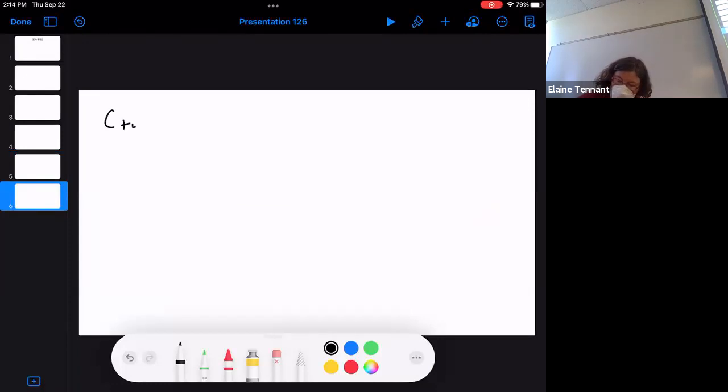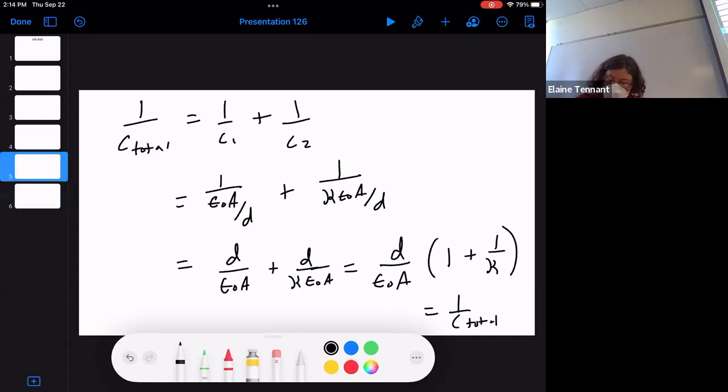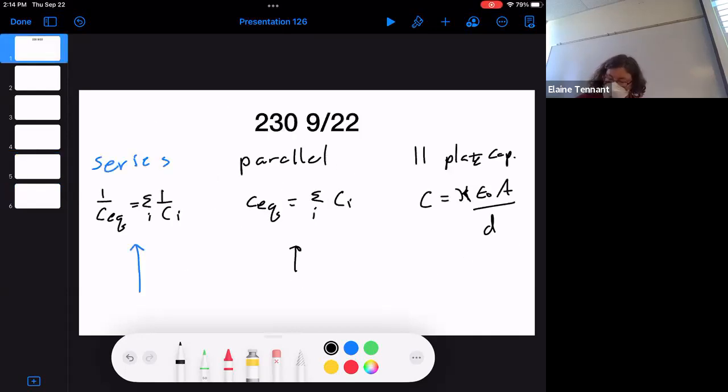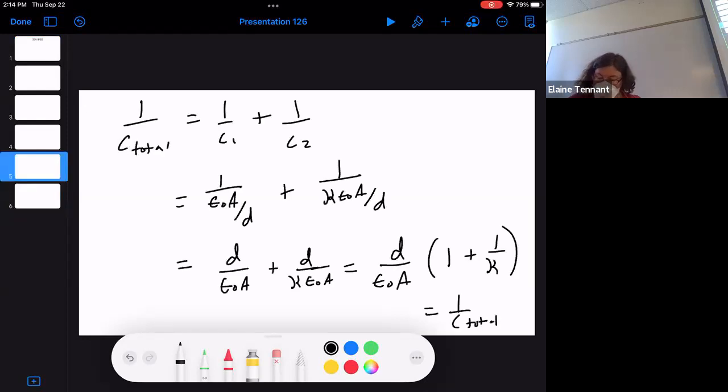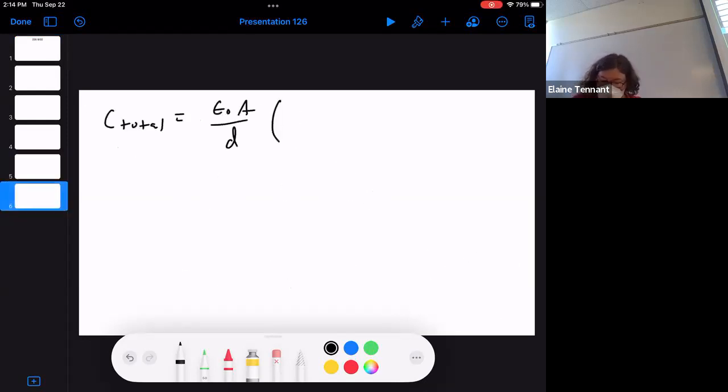So C total would equal epsilon naught A over D. And this is really nice because we know in general the capacitance should have the dimensions of epsilon naught area over a distance. So I'm very happy to see an epsilon naught area over a distance. And then this other thing, 1 plus 1 over kappa inverse, like that.